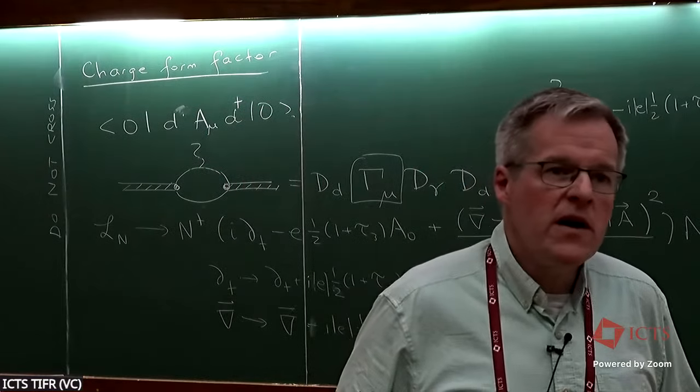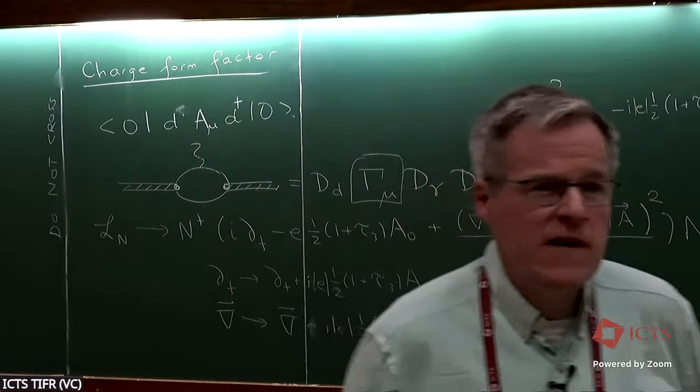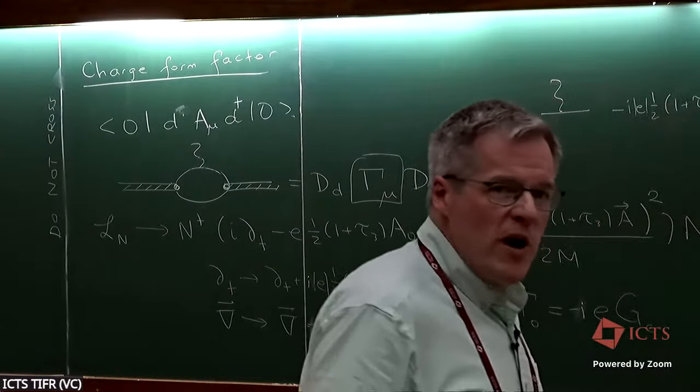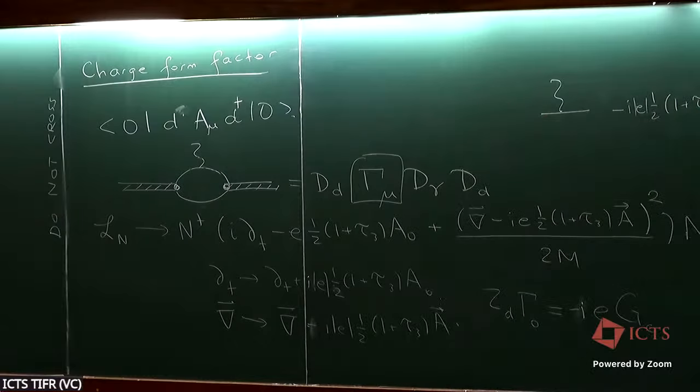Yeah, I could do this as a background field calculation, indeed. But I have to give my background field a finite momentum if I want to extract the form factor at finite momentum. I could only use a constant background field to get the form factor at 0, in which case I should discover that it's 1. Other questions?